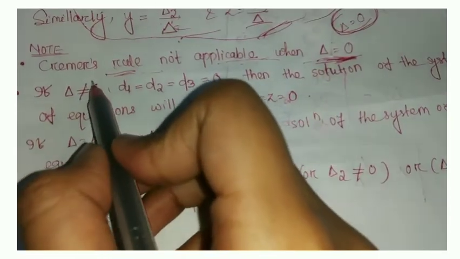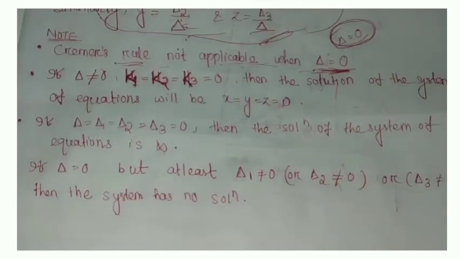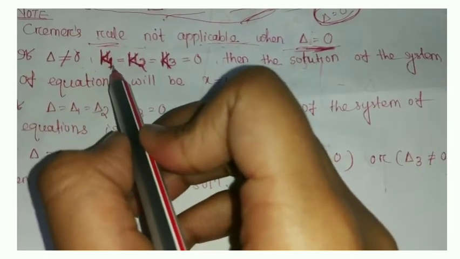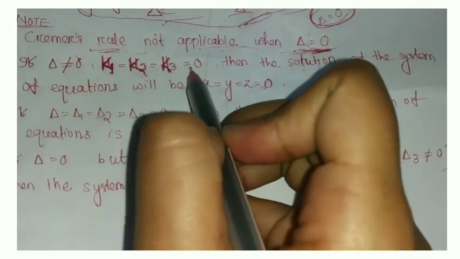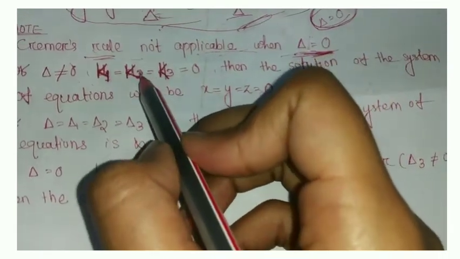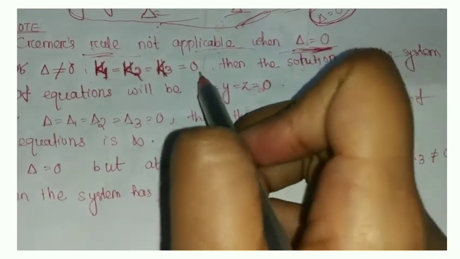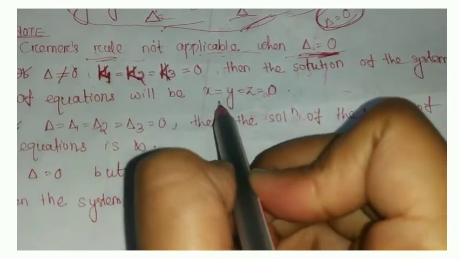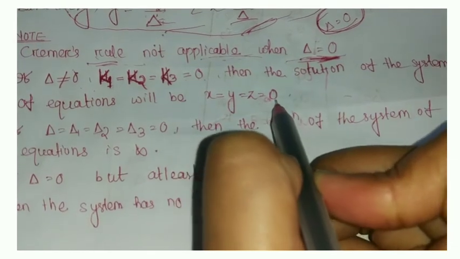If del is not equal to 0, but k1 is equal to k2 is equal to k3 is equal to 0, that means k1 is equal to 0 and k2 is equal to 0 and k3 is equal to 0, then the solution of the system of equations will be x is equal to y is equal to z, that is 0.